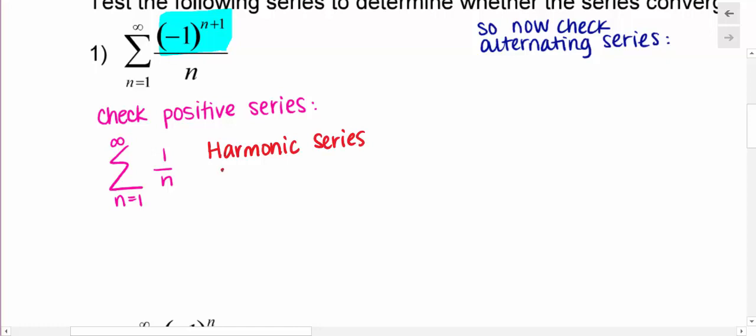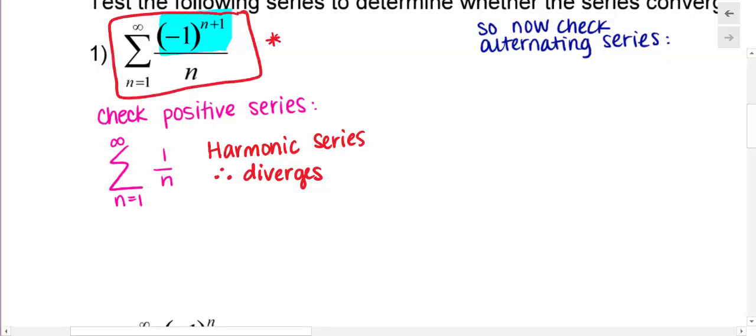And so this series diverges. The positive series diverges. It has a sum that will continue to grow. So now I know that it cannot absolutely converge because this positive series does not converge. So both are not convergent. So I still don't know: does it conditionally converge, or does this beginning series diverge?